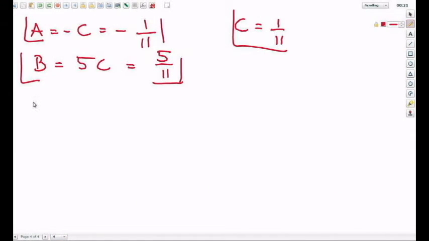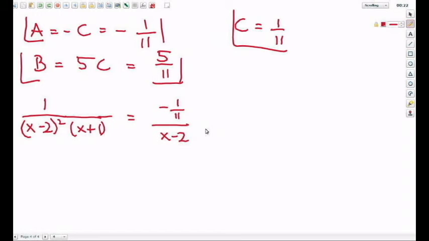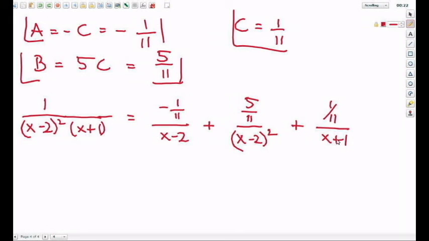Turns out, here we go, that 1 over x minus 2 quantity squared times x plus 1 can be written as the sum of minus 1 over 11 over x minus 2 plus 5 over 11 over x minus 2 quantity squared plus 1 over 11 over x plus 1. And that's it.